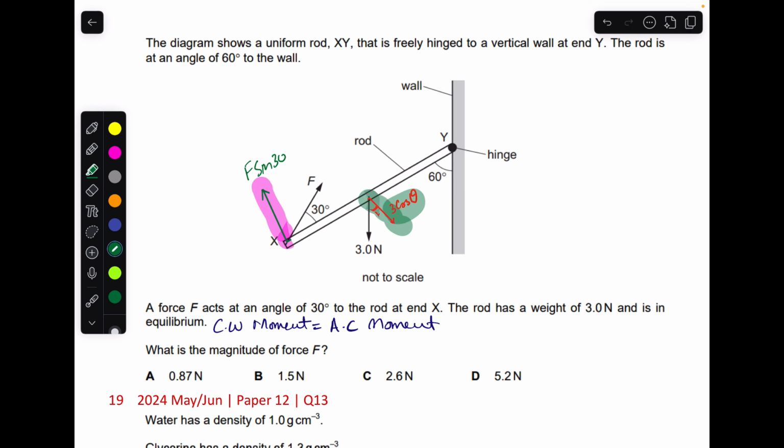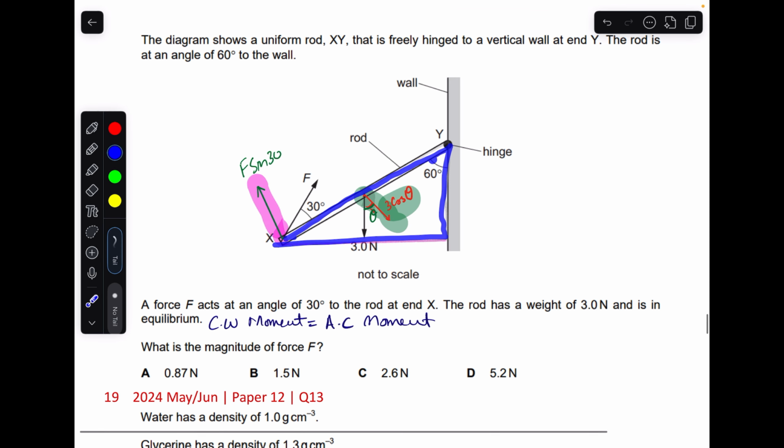And this is the angle theta. Let's work out what this theta will be. We need this theta, right? If you consider this whole thing, I can draw a line here like this. This whole thing is making a triangle, right? This is 60, this is 90.